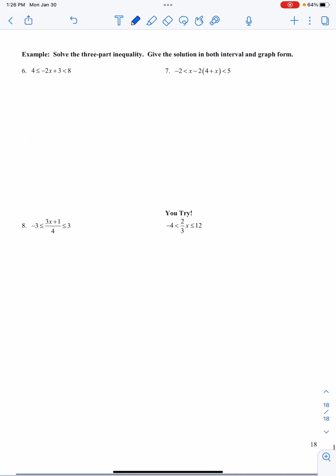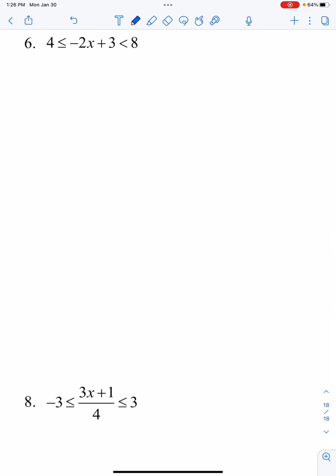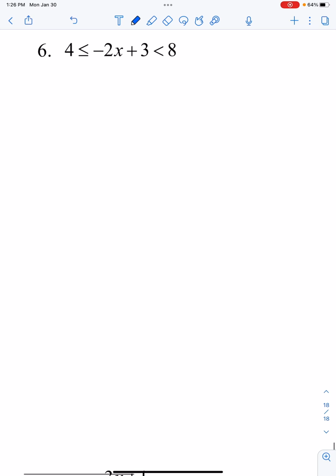The next part of section 1.5 on inequalities is page 18, and we are looking at 3-part inequalities. So if we look at problem 6, we can see that there are 2 inequality symbols with the variable expression inside. We're going to do all work necessary to get x isolated still in the middle.